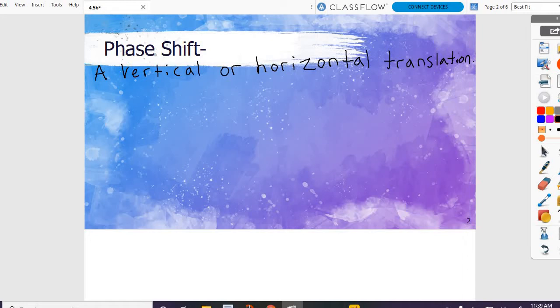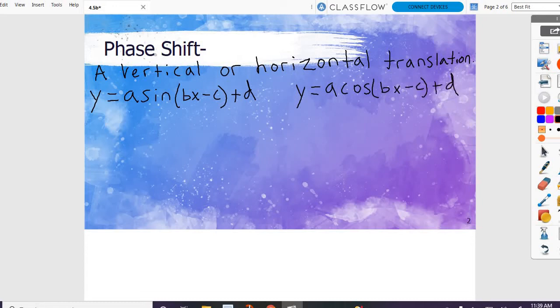So hopefully we recall from yesterday, what were our two variables that we got? A and B. Today we're getting C and D. So your C value is on the inside of your trig function.